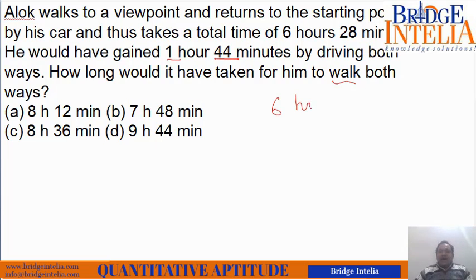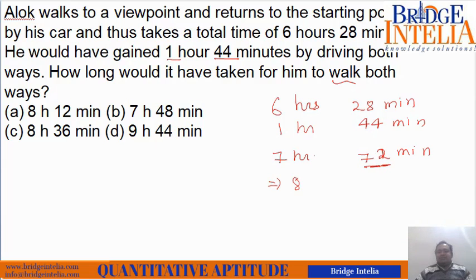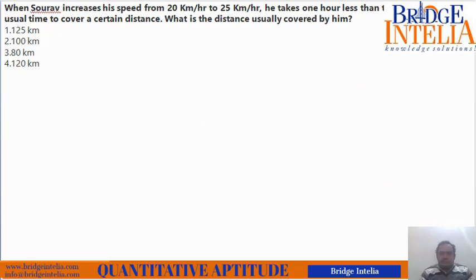So 6 hours 28 minutes, you have to add 1 hour 44 minutes. So this is equal to 7 hours 72 minutes. So 72 minutes is equal to what? 1 hour. So 8 hours 12 minutes.